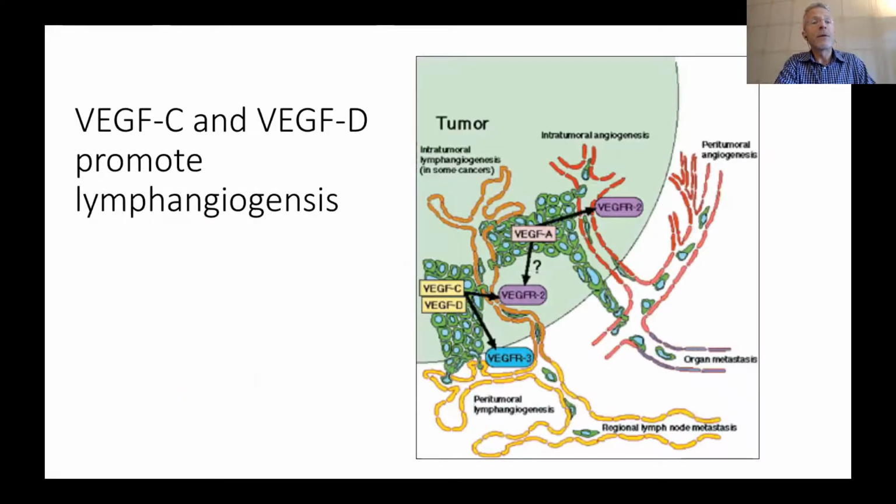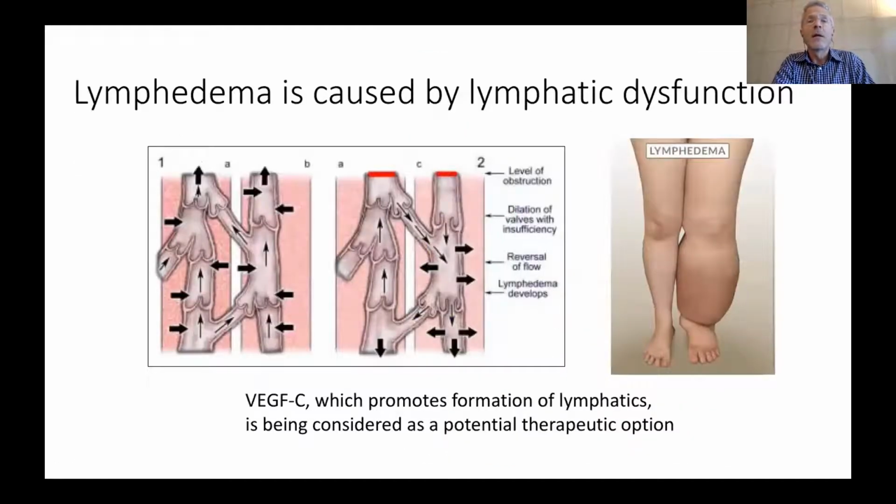So the VEGF-C and D family members promote lymphangiogenesis instead of blood angiogenesis. Lymphedema, an example of which is shown here, is caused by lymphatic dysfunction.